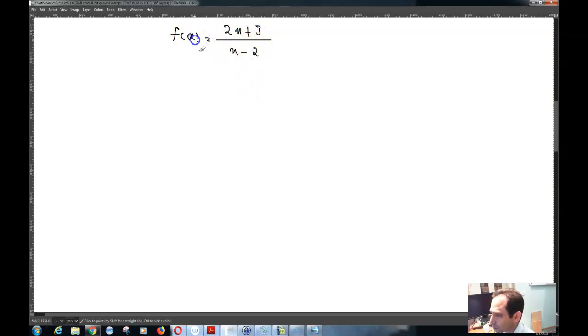Now this function f of x is basically not defined at x is equal to 2. At x is equal to 2, your denominator becomes 0.